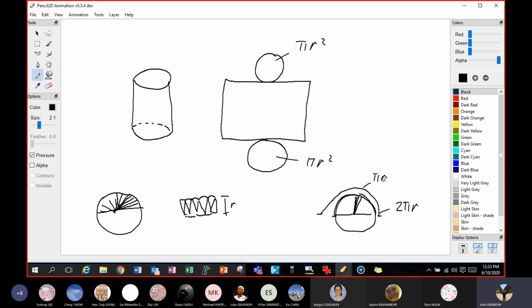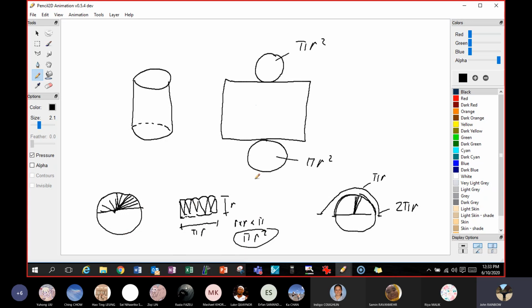So this length would be pi r. This is a rectangle if you made it really, really small. So you multiply them: pi r times r is pi r squared. And we made a circle into a rectangle.